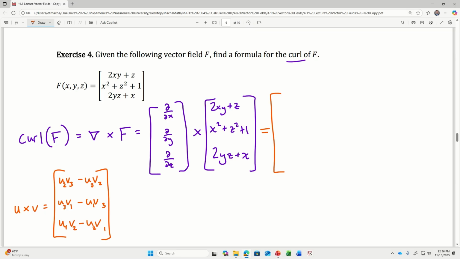What's that partial? 2z. All right, and then minus u3 v2, so the partial with respect to z of x squared plus z squared plus 1. What is that? 2z.